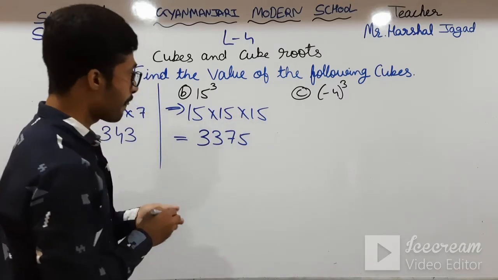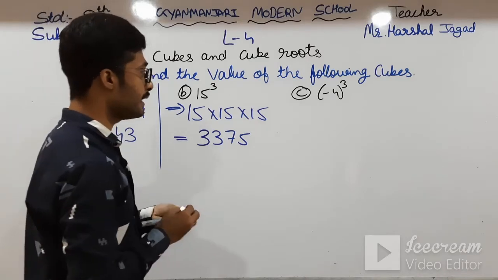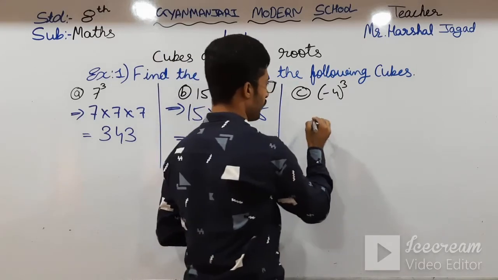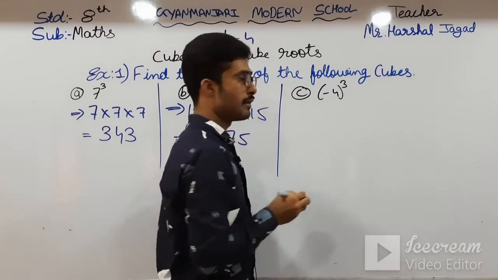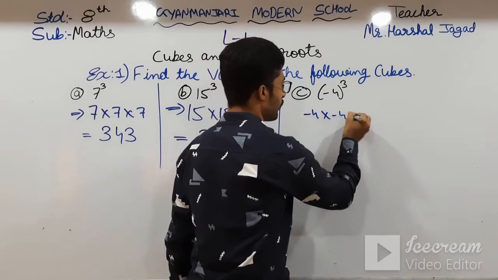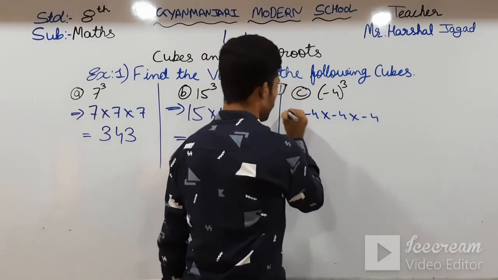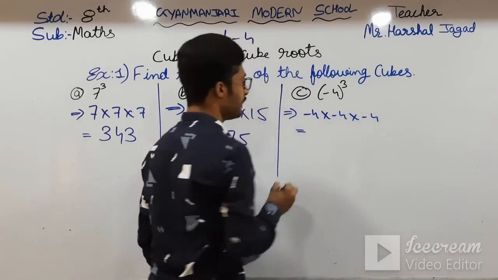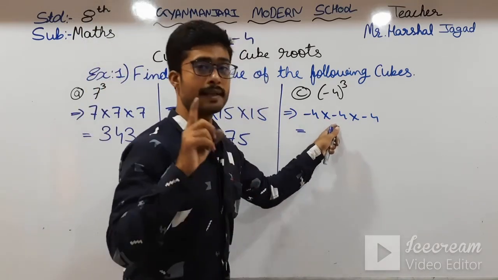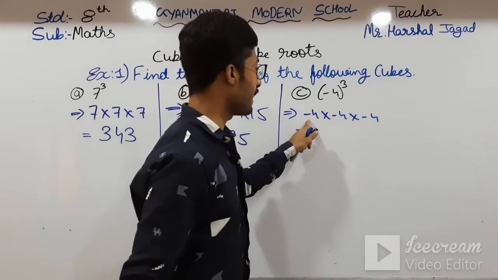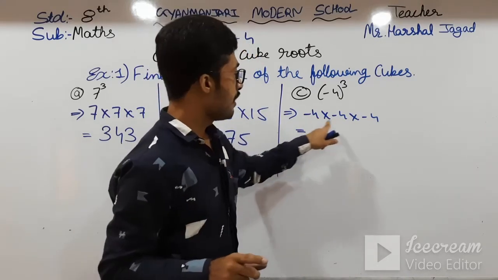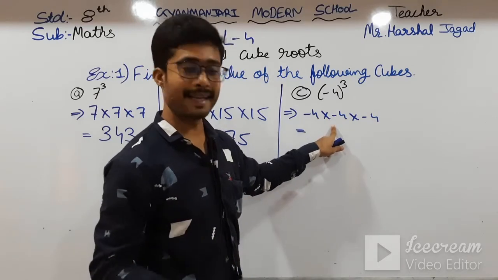Okay students, now what will be the answer of minus 4 cube? Minus 4 into minus 4 into minus 4. So what will be the answer? We all know minus into minus is plus. So minus 4 into minus 4 is plus 16, not minus 16.